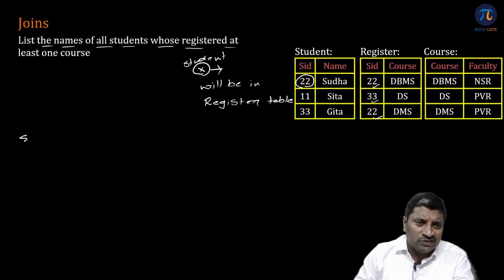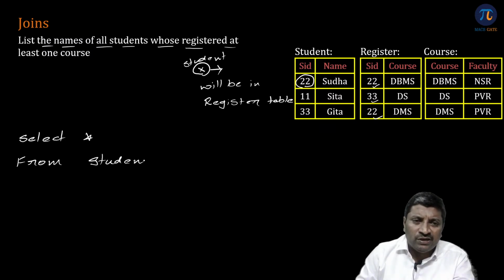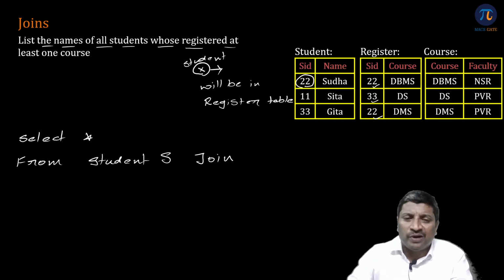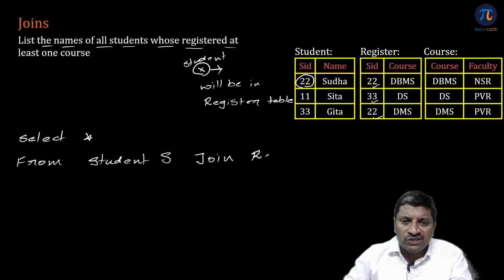So it is like this, sir. Select star from student S. No need to write alias names always, sir, but it is a good practice. Register R. Do you need to specify any conditions, sir?